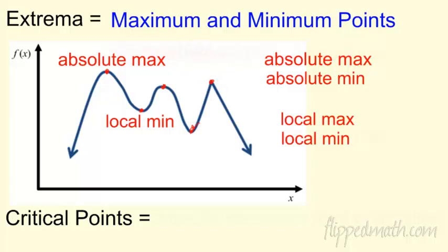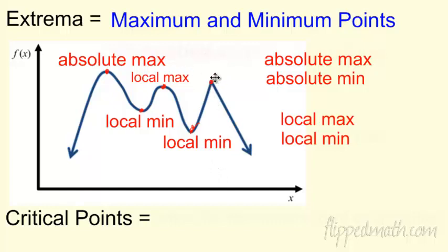This next max has got to be a local because it's not the highest point, so we'll make it a little smaller. Not that it's less important, but just so it'll fit in there. So that is a local max. And then is this the absolute? No, it's still another local min. So you can have multiple locals, but you can only have one absolute max or one absolute minimum.